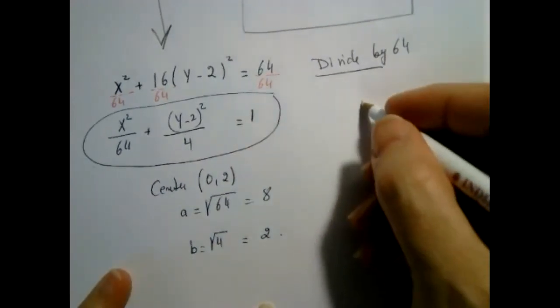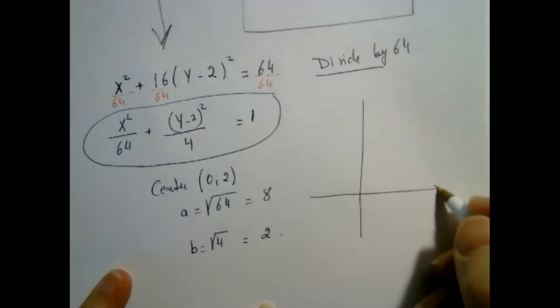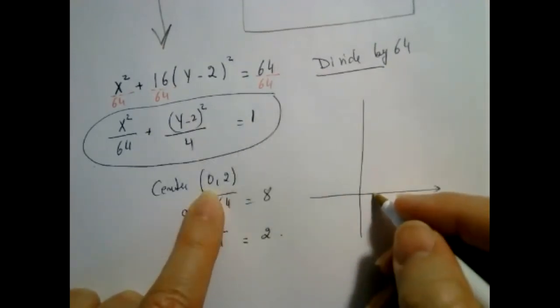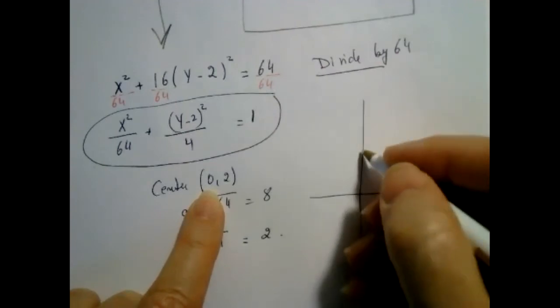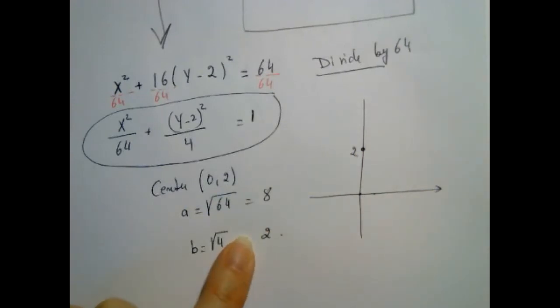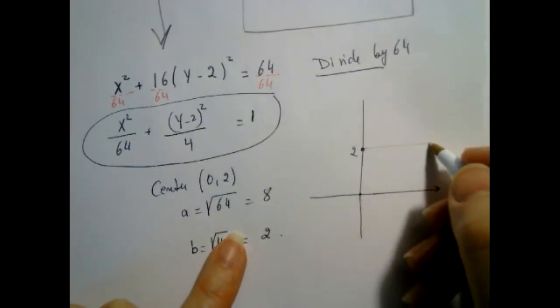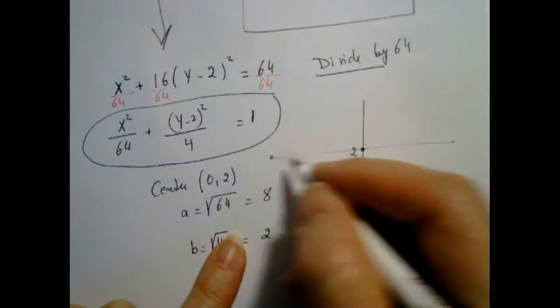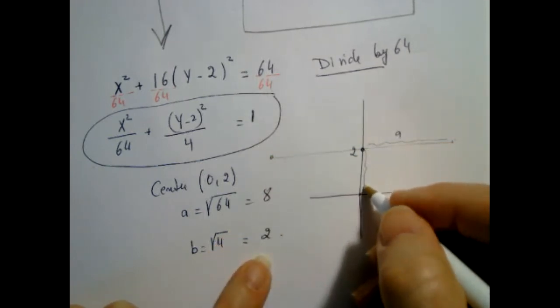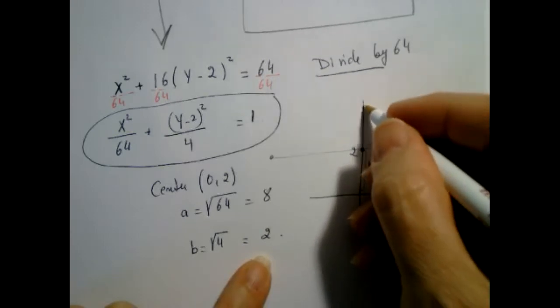And finally, if I'm going to draw my ellipse, I can draw this. The center is at 0, 2. So that's 0, that's my 2 right here. That's the center. a is 8. It means I need to go 8 units this side and 8 units from that side. That's the a. My b is 2. So that's my b, which is 2.